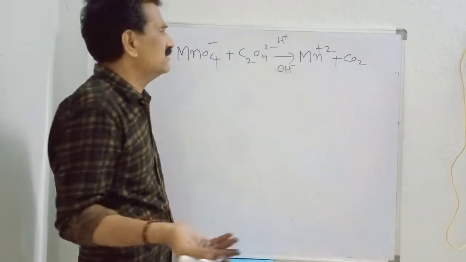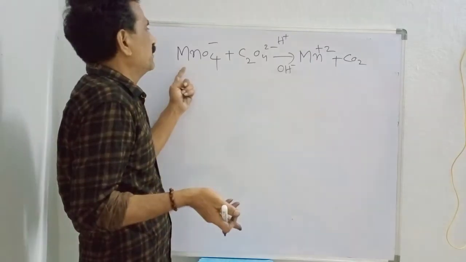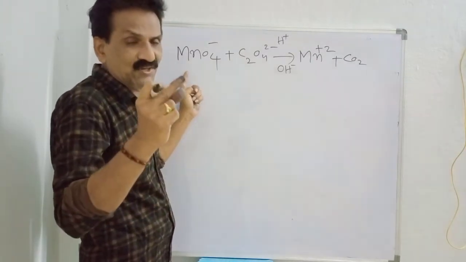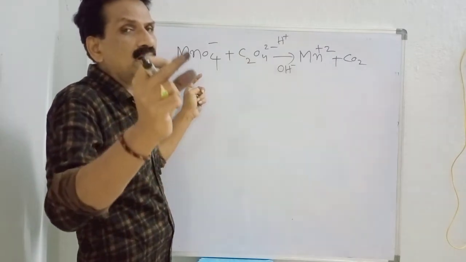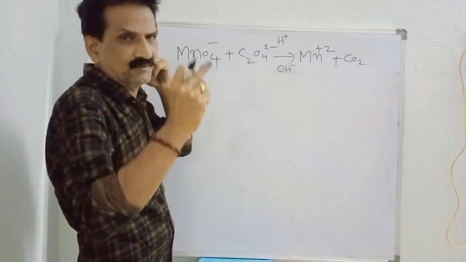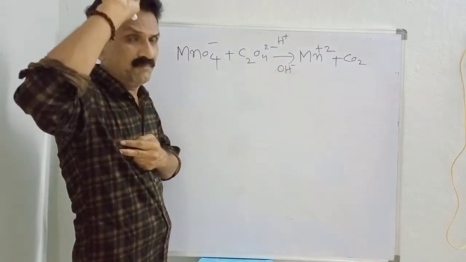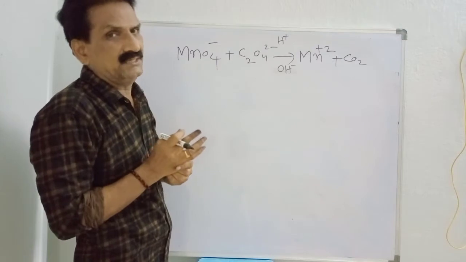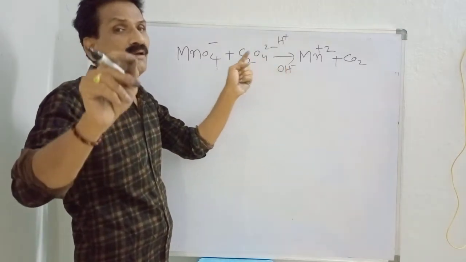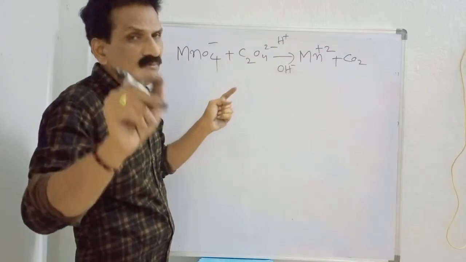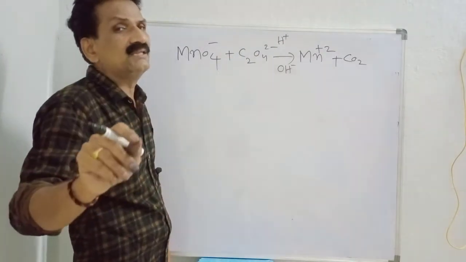Or sometimes they will give: balance this equation in acidic medium using the ion electronic method. Most important: the oxidation number method is important for competitive chemistry, but in the case of this type of question, the ion electronic method is most important for IPE or CBSE exams.